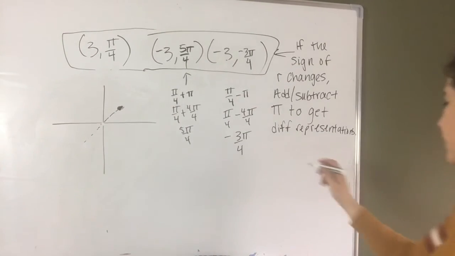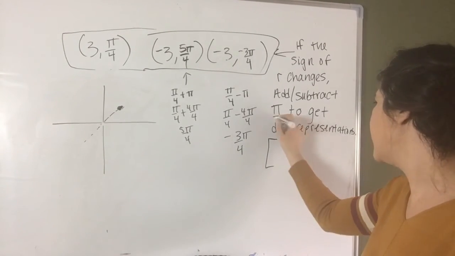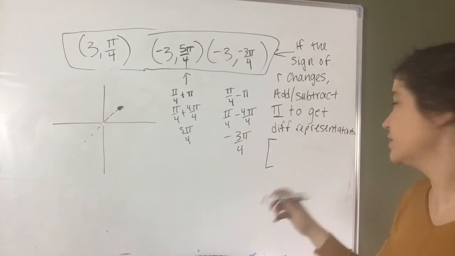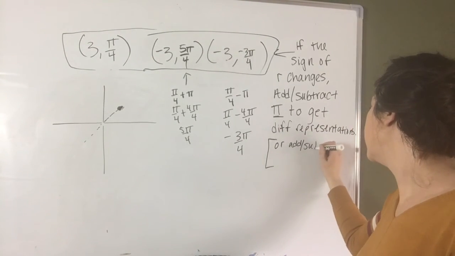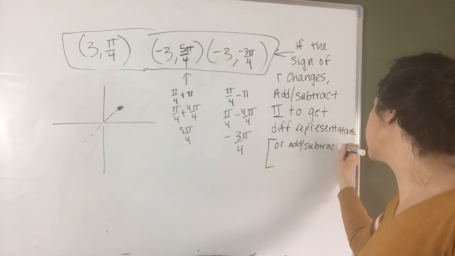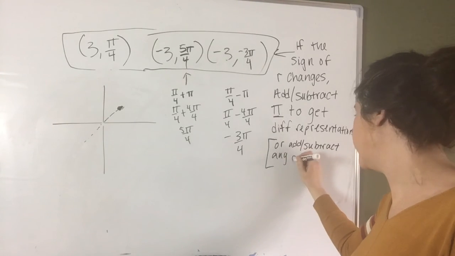What you could do really here is, it's not just pi that you can add or subtract, although that works. You can add or subtract any odd multiple of pi.